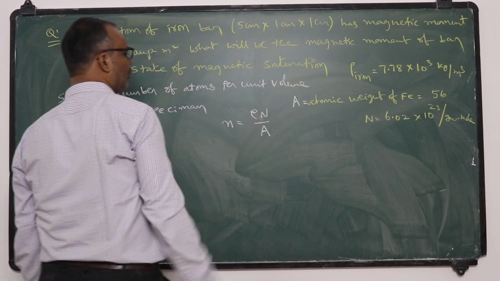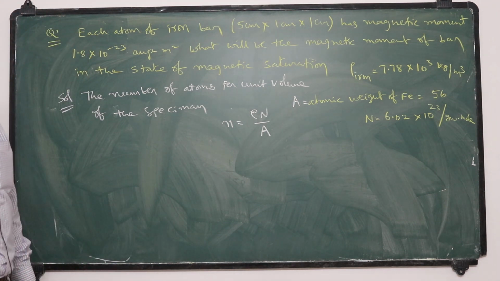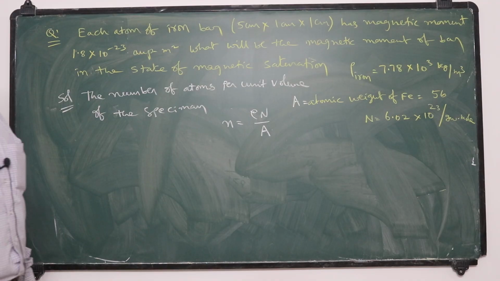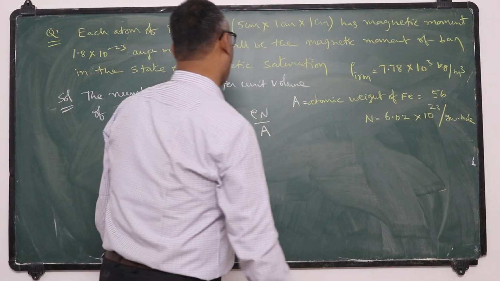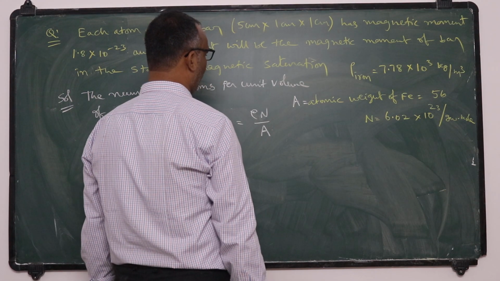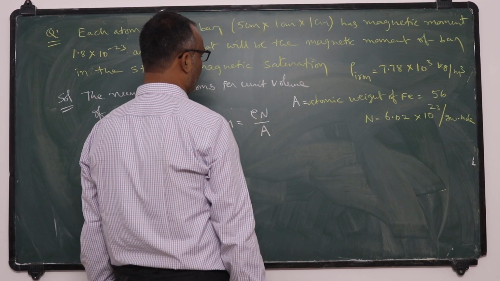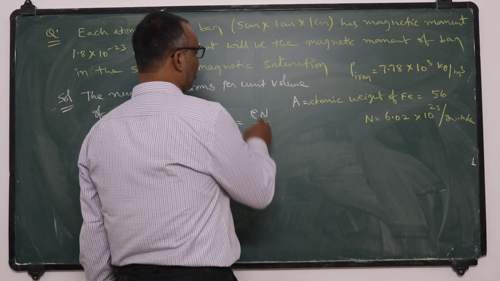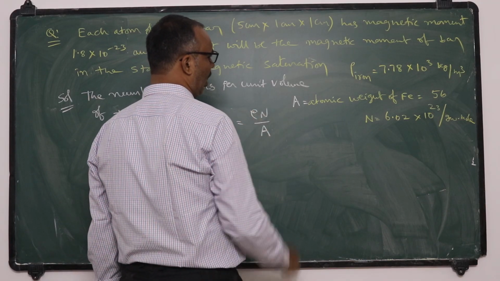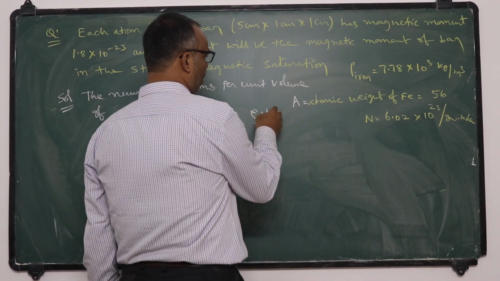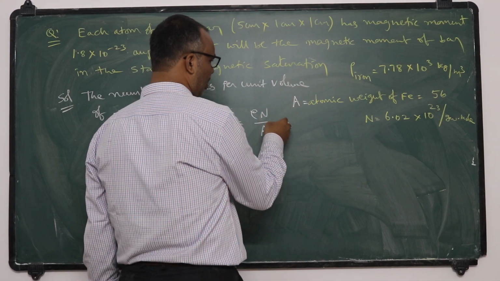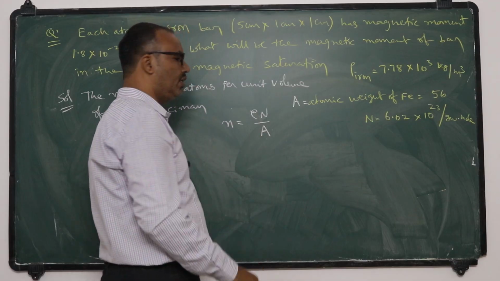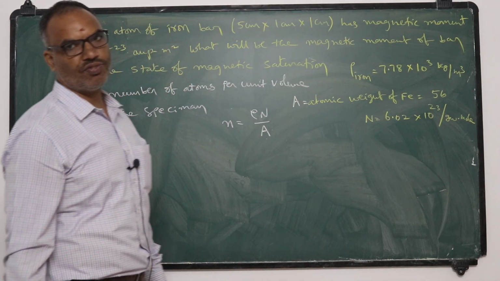So how can we get this formula? This formula is very simple. Density means mass by volume. Avogadro number means number of atoms available per 1 gram mole. In chemistry also you might have studied about this formula.